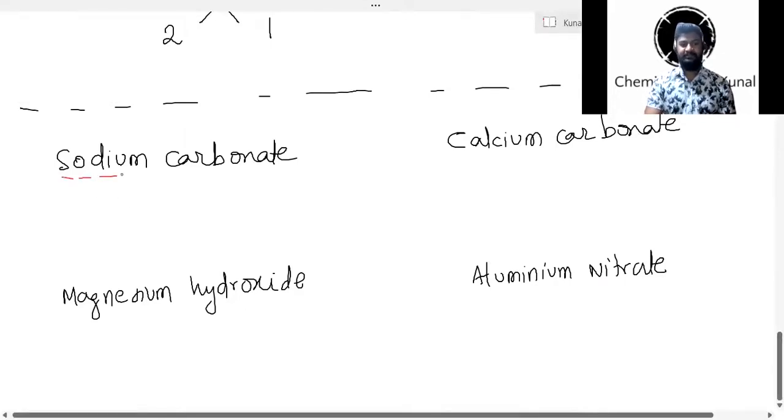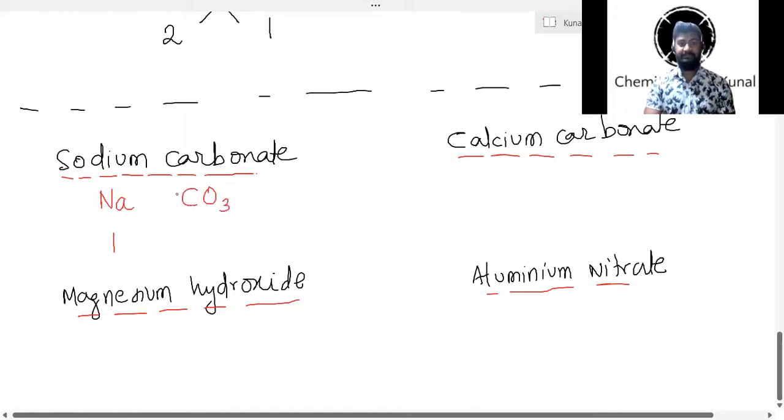Now we'll solve the questions. I hope you have paused it and have got the answers. If you've still not done it, you can pause the video once again and do it. Okay, let's begin with sodium carbonate. Sodium has a charge of 1. We know carbonate is CO3.